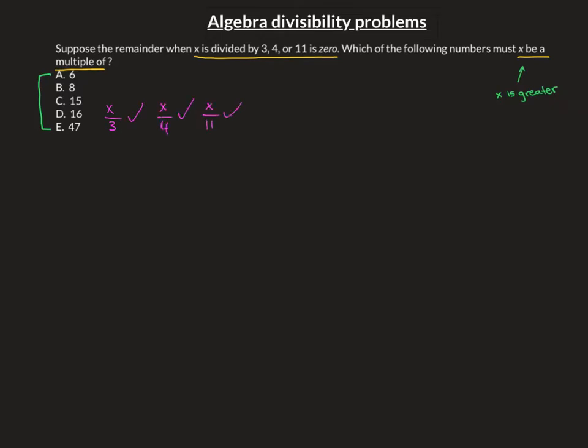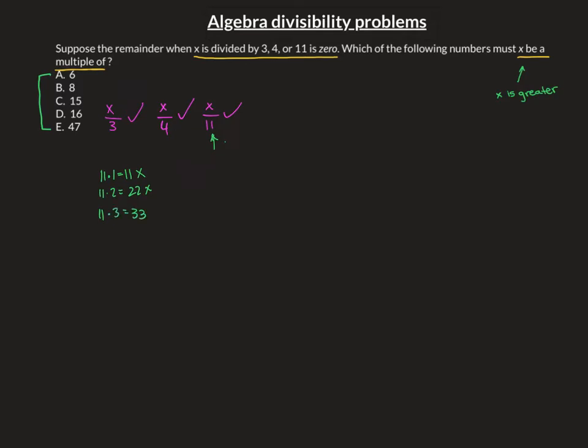So let's take our biggest number here, which is 11. Since 11 is our biggest number, we can take all the multiples of 11 and see if they work. 11 times 1 is 11. That does not work. 11 times 2, 22. That does not work. 11 times 3 is 33.